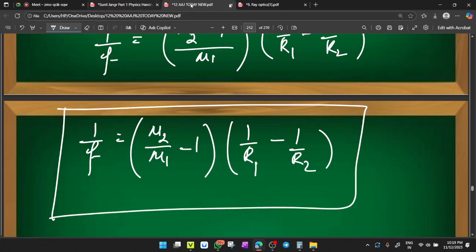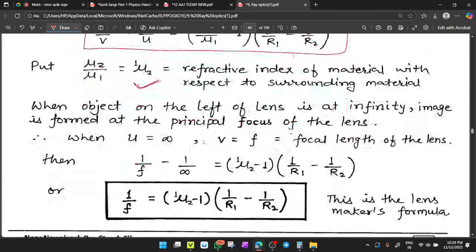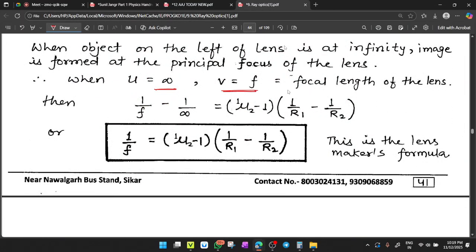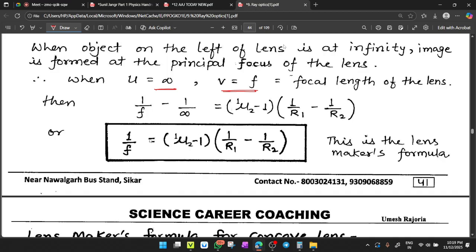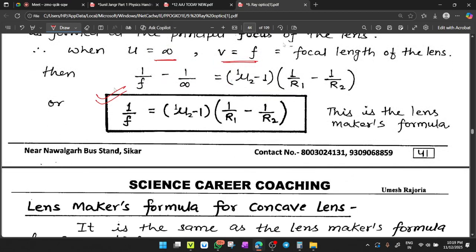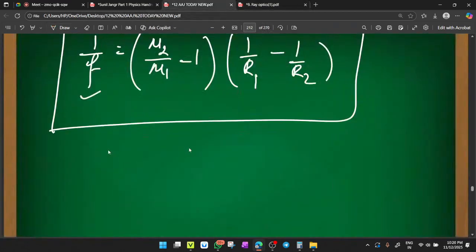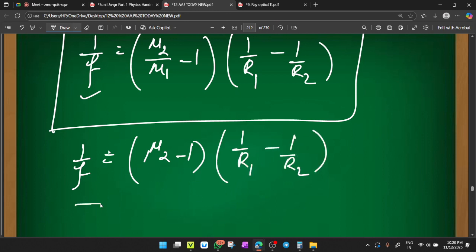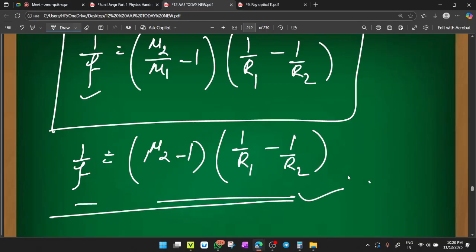See here, u equals infinity, v equals f, that is focal length. You can also write it as 1 upon f equals mu 2 minus 1, 1 upon r1 minus 1 upon r2. This is the lens maker's formula.